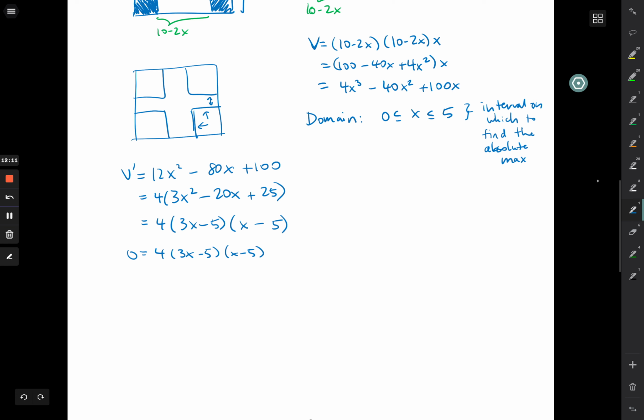That will happen if 3 minus 5x equals 0, or x minus 5 equals 0, so x equals 5. In this case, we would get x equals 5/3. Okay, so our critical points are, just so this is clear, 5/3 and 5.